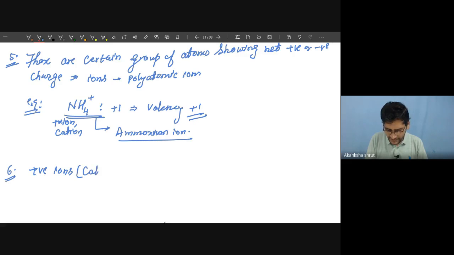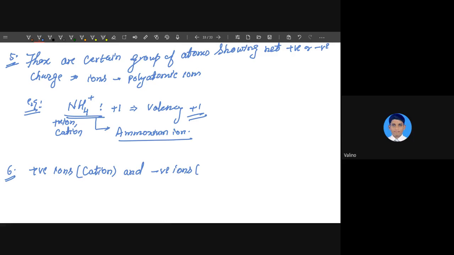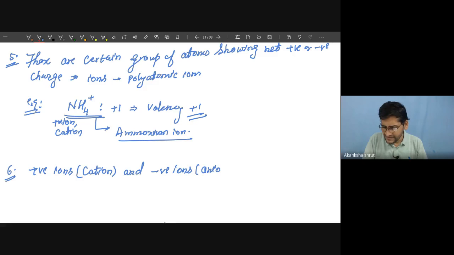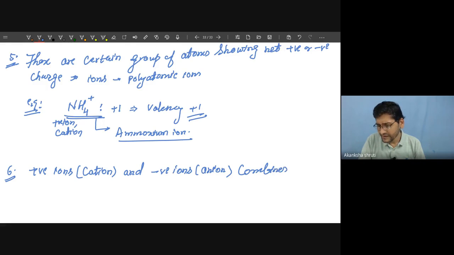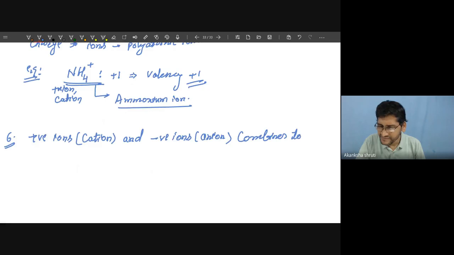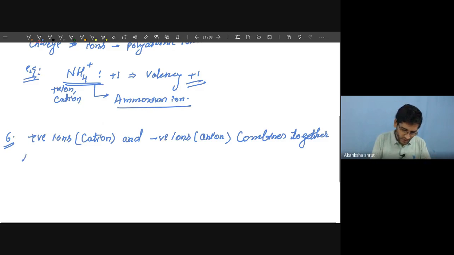The other name is cation. And negative ions, the anion. Good, so one anion or more than one anion combine together to neutralize their charge.